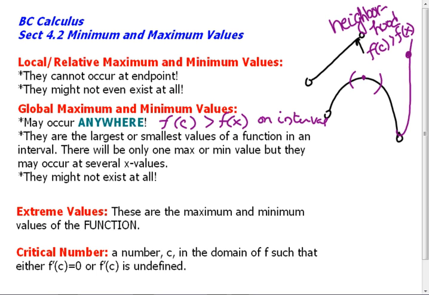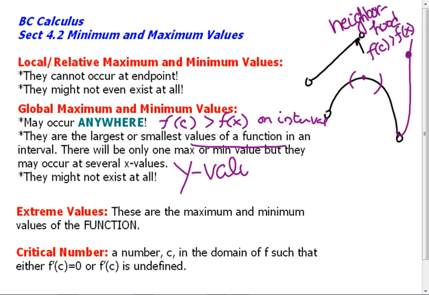So for the global ones, when they ask you for a max or min and they don't say relative, then they want the global. The other big mistake that everybody makes is that they forget to give the y value. This is the value of the function. You may not have a global max or min, but this is the y value.